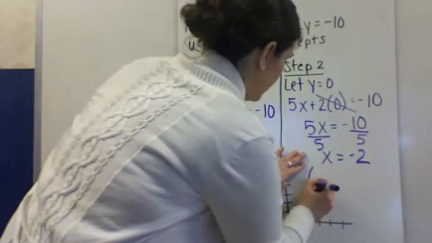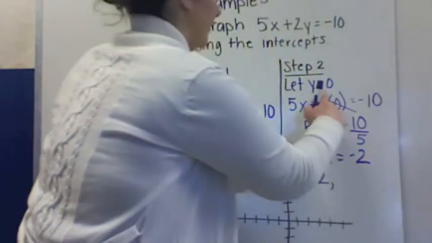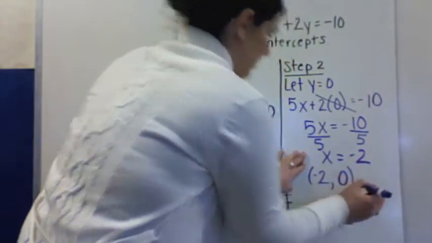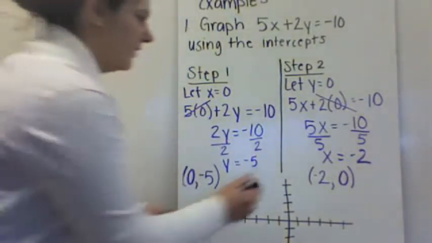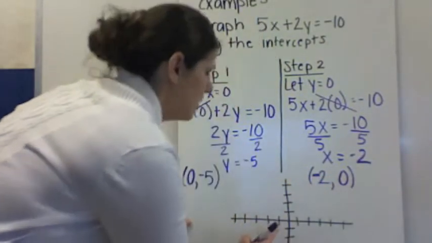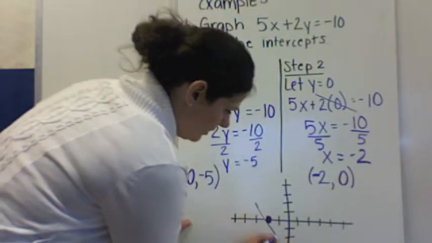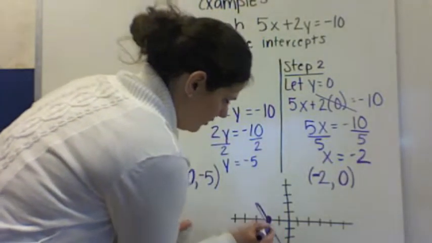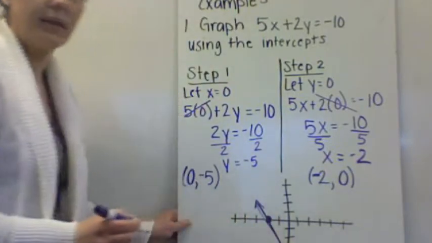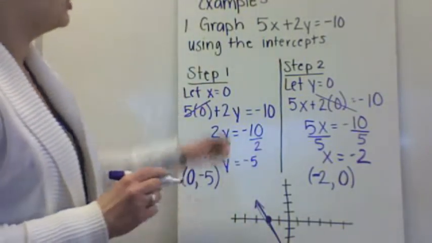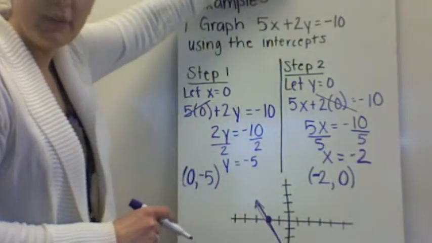Again, we know our ordered pair. We got an x of negative 2 when we made y 0. So we can plot that point, (-2, 0). Connect our points. You'll use a ruler, so it's straighter than my line. Try the next example. Pause the video, try your example, and then we'll check our next example.